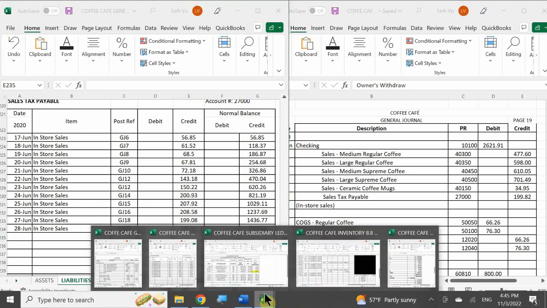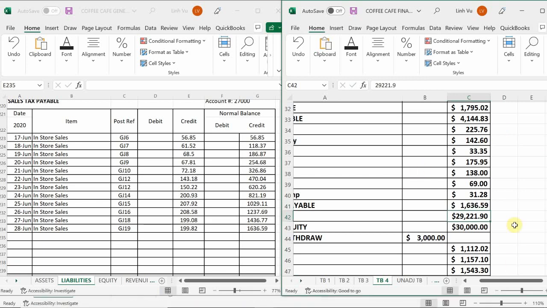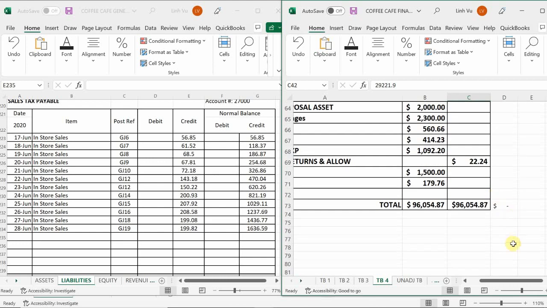And then, of course, if you plug that into here, instead of that it'd be 1636.59, then your answer will pan out evenly.